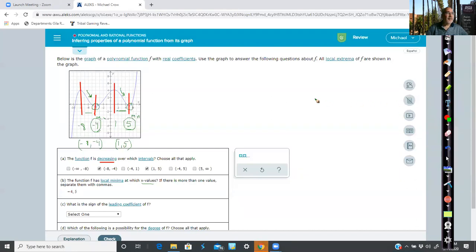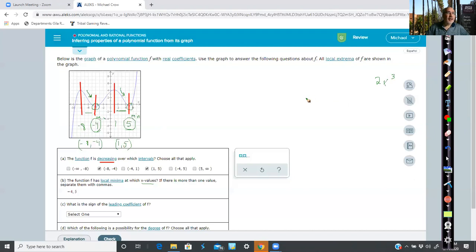So when we have an odd function, which is one that looks like this, it has a degree of, say, 3, 5, 7, odd exponents. So something like 2x to the 3rd power.